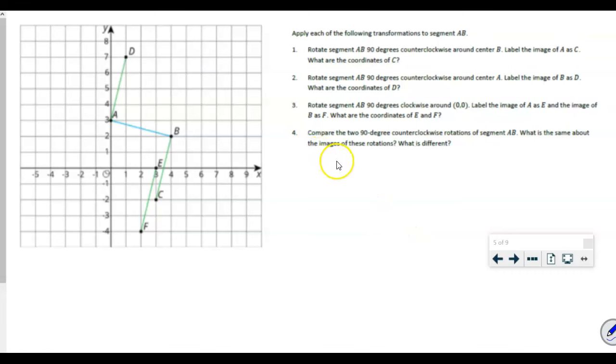Answer question 4 now. Compare the two 90-degree counterclockwise rotations of segment AB. That would be, let me highlight them for you. This one, that was a counterclockwise rotation of AB. This was a counterclockwise rotation of AB. And I want you to compare them.